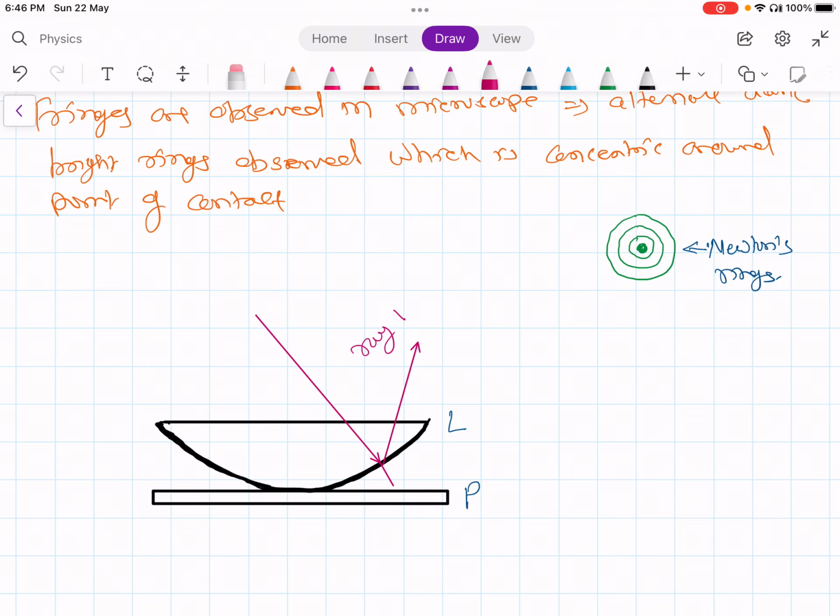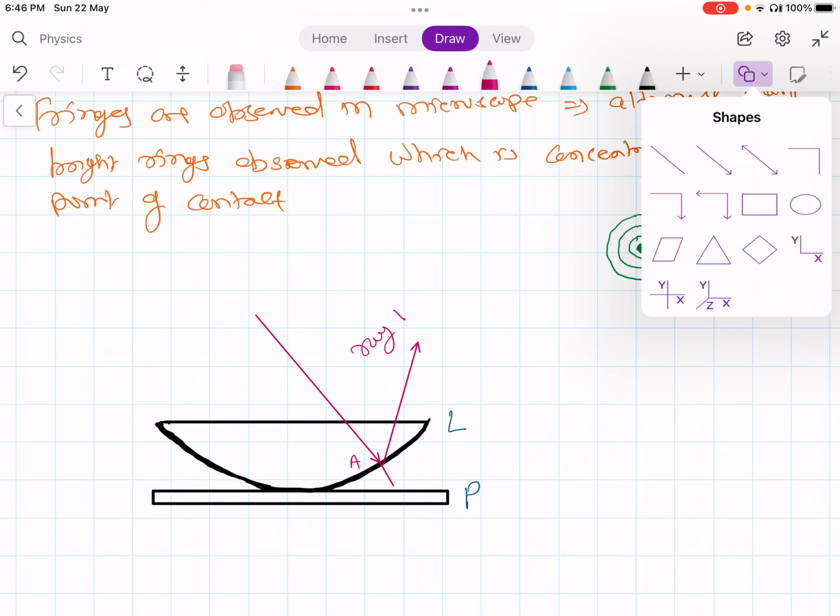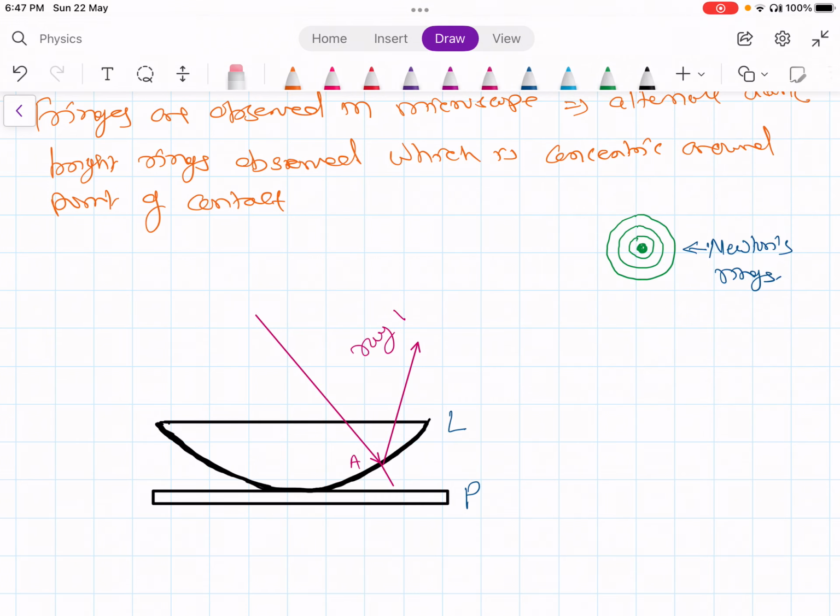Let us say this is point A. At point A, the incident ray is partly reflected and partly transmitted. This partly transmitted ray is again reflected from the glass plate P as ray 2.